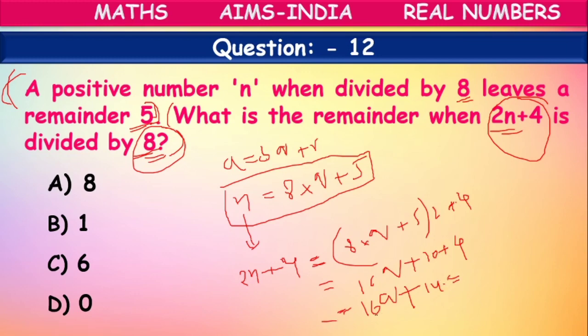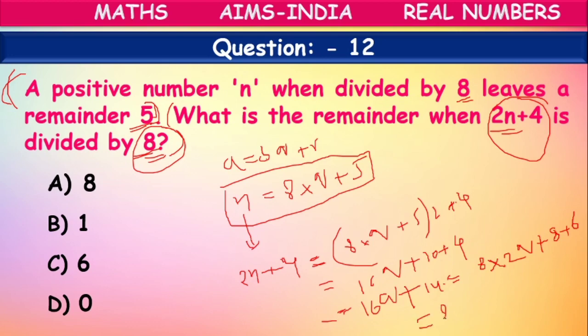How to write 16 in terms of 8? We can write 8 into 2q plus 14. How to write 14? We can write 8 plus 6 because we need the divisor in the form of 8. So we are writing in terms of 8.